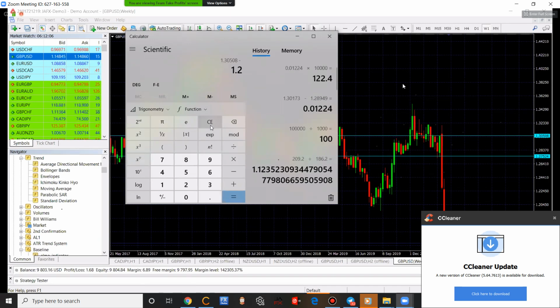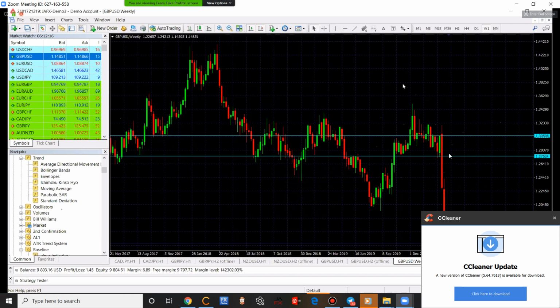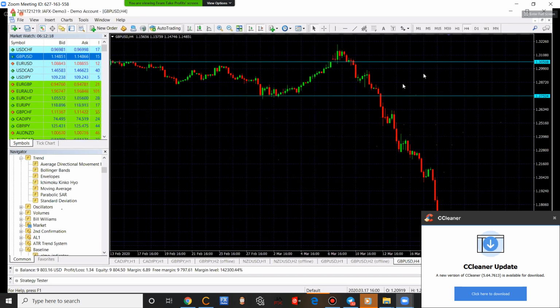That green candle right there, just before the red one, is 298.4 pips. That's on the weekly. If you go on an hour, that's about how much that is. So that tells you something about how big the weekly is.